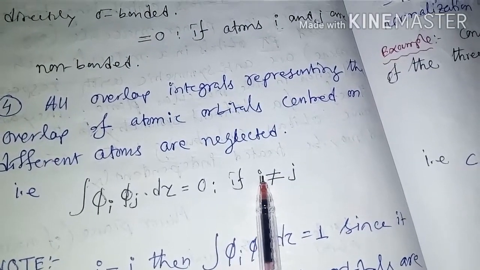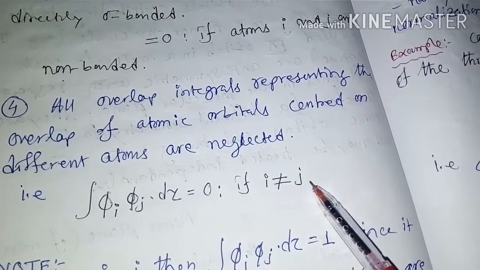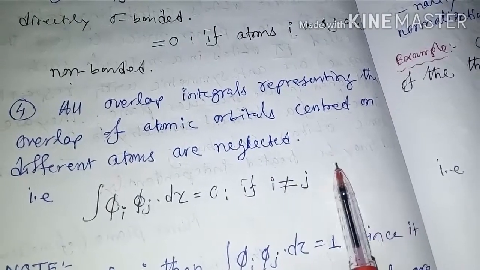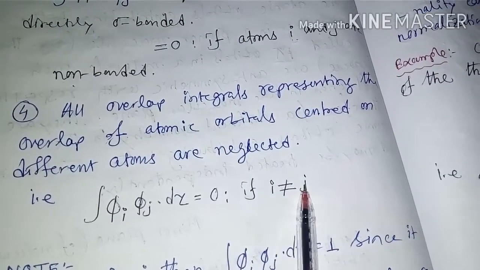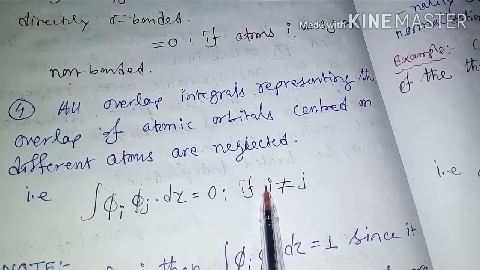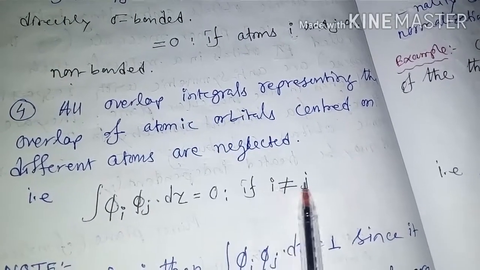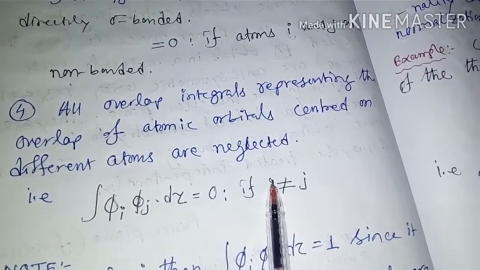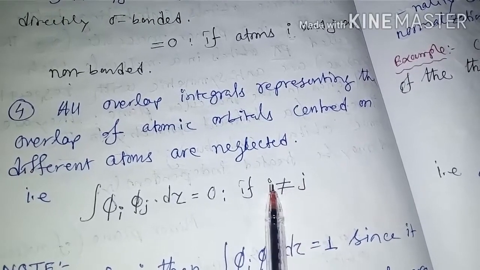Suppose I value is 1 and j value is 2, so this is not equal. You can consider any values of I and j, but they never will be the same. They are different.